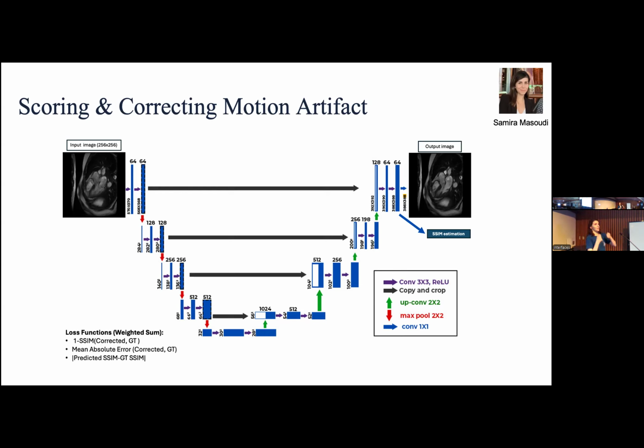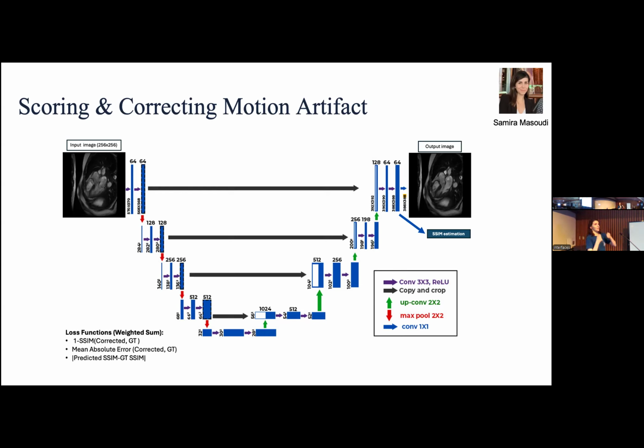And then once you've done the image correction, how do you ensure that the corrected image is giving the physician the information they need? So our idea is basically this.